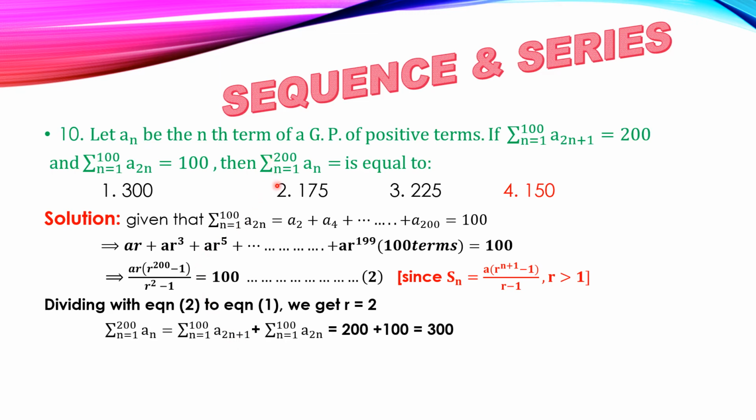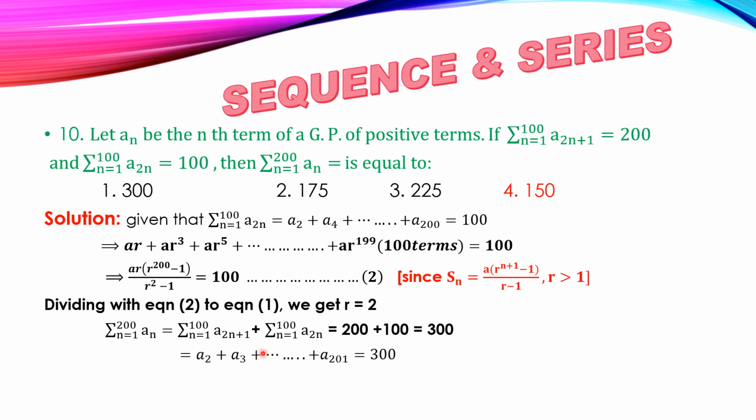Next, find the sum, summation n equals 1 to 200 of an. First we write this expansion as summation n equals 1 to 100 of a2n plus 1 plus summation n equals 1 to 100 of a2n. That equals the values of these expansions already given in the problem, 200 plus 100 equals 300.